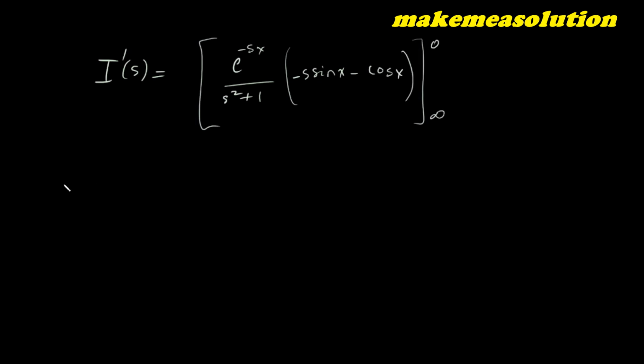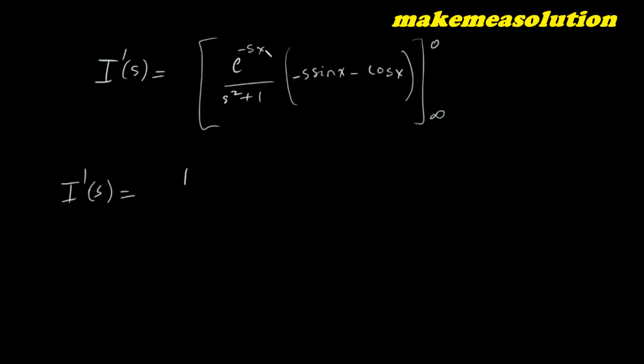So I prime of s is equal to, I'm going to plug in 0. Plugging in 0 into this whole expression, you know that this will become 1, because you're solving this integral when x is 0 and when x is infinity.